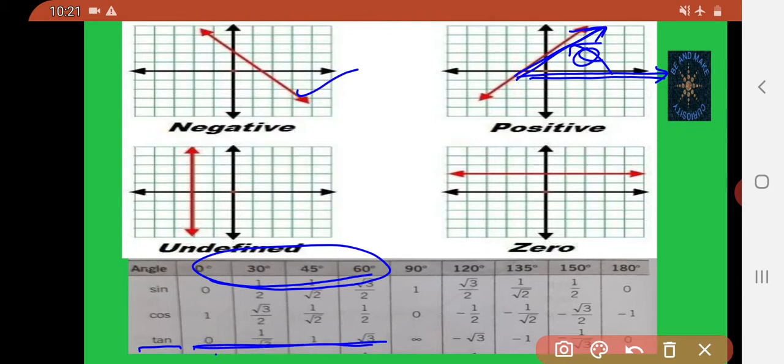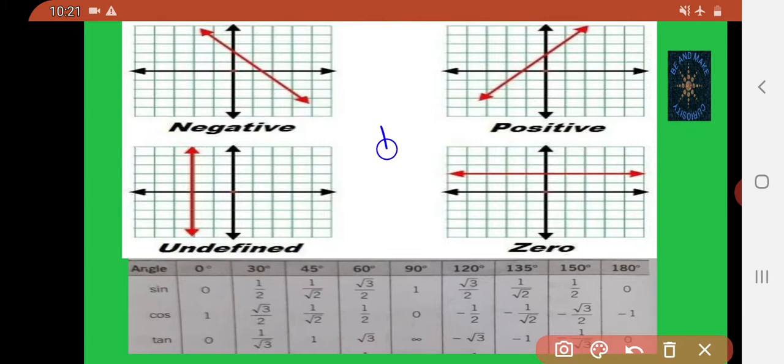The tan of an acute angle is always positive. That's why the slope, tan theta, is always positive. So the slope of the line is positive when the angle of inclination is an acute angle.